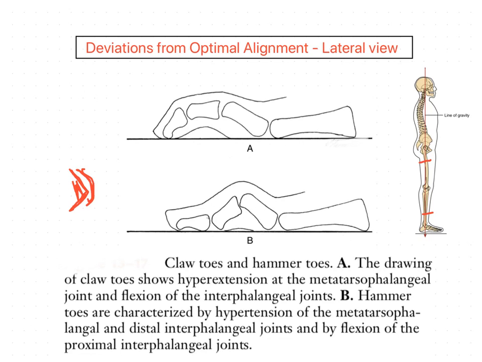Another important thing: any deviation from normal alignment of one or two body segments causes changes in other segments. If there is any change in the ankle, it is going to show changes in the other joints, and the amount of energy required to maintain erect standing posture also increases.